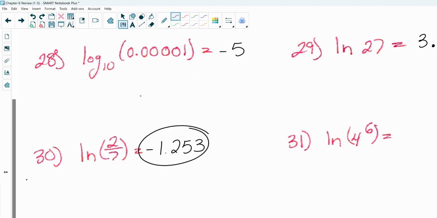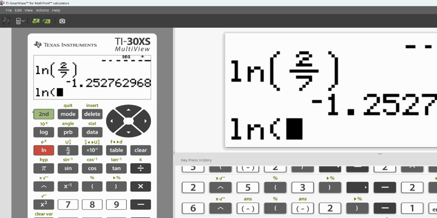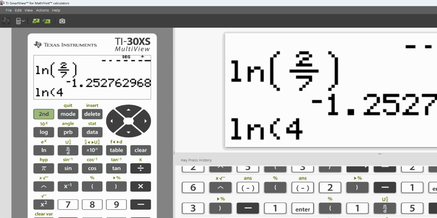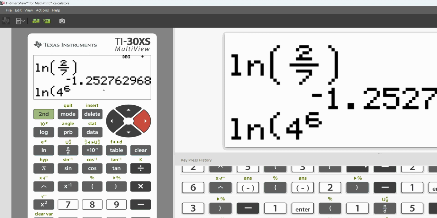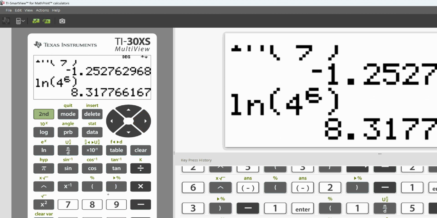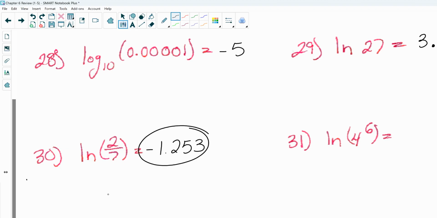Since we're rounding to 3 digits, the second 2 becomes a 3. And the last one, natural log of 4 to the 6. And any of these here, evaluating when we're given logarithms, type them in. Type them in exactly as you see it written. Don't change a thing to it, just rewrite it, parentheses and all. Type it in exactly as you see it.